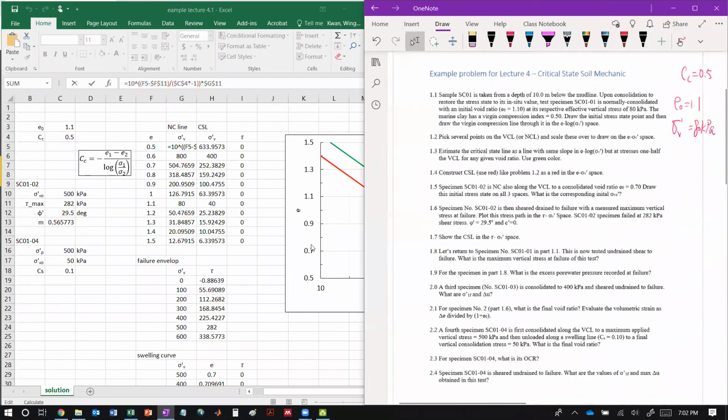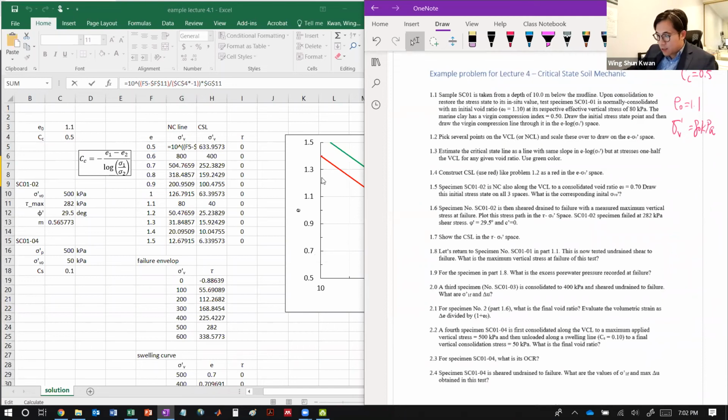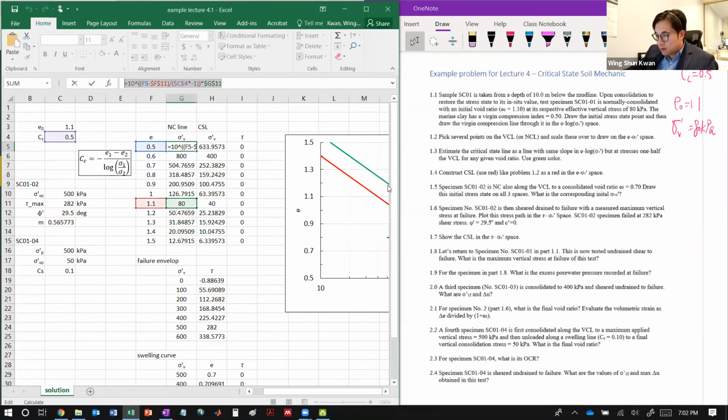So I had a problem with my internet, so I couldn't hear you well. Could you go very briefly over the exercise again? You mean how to get the green line, right? What we try to do here is we know a point. This is the point, the void ratio is equal to 1.1, and the vertical stress is 80.